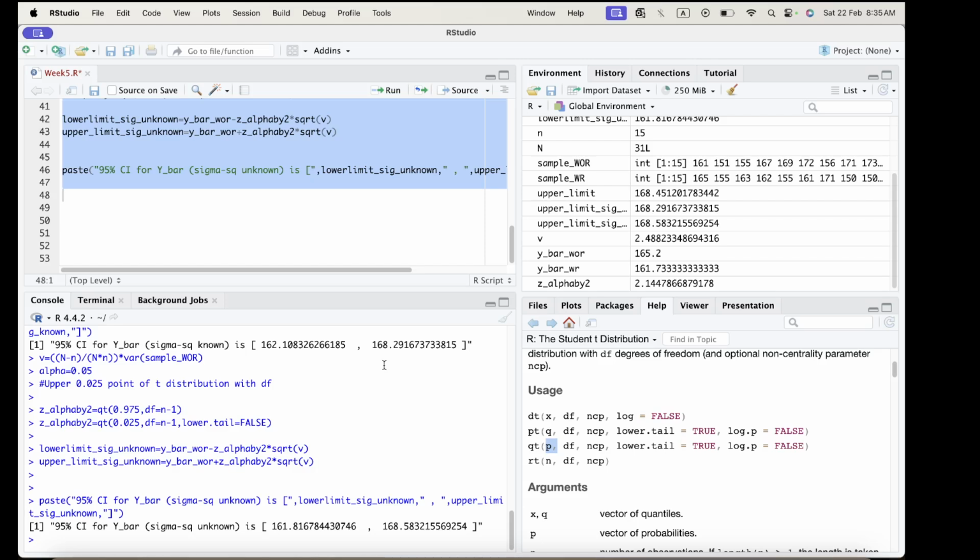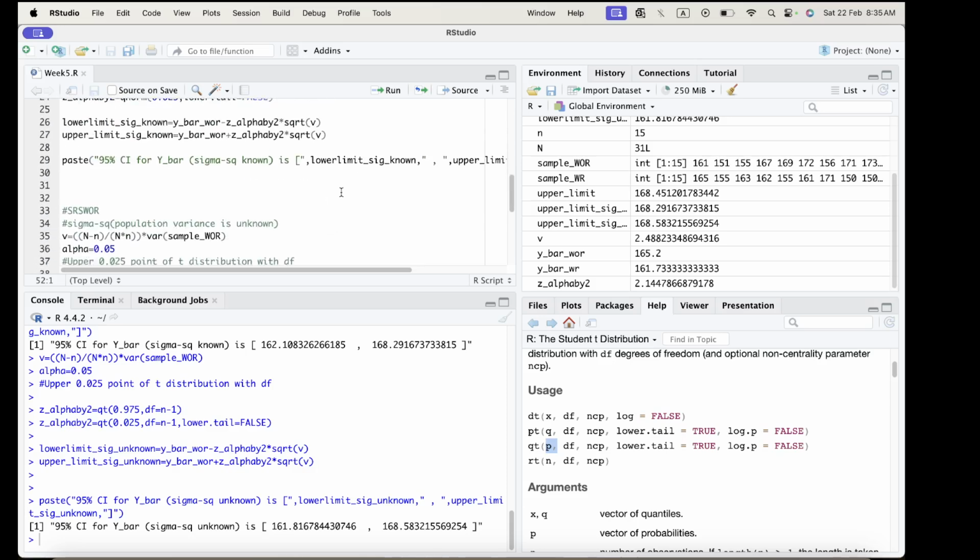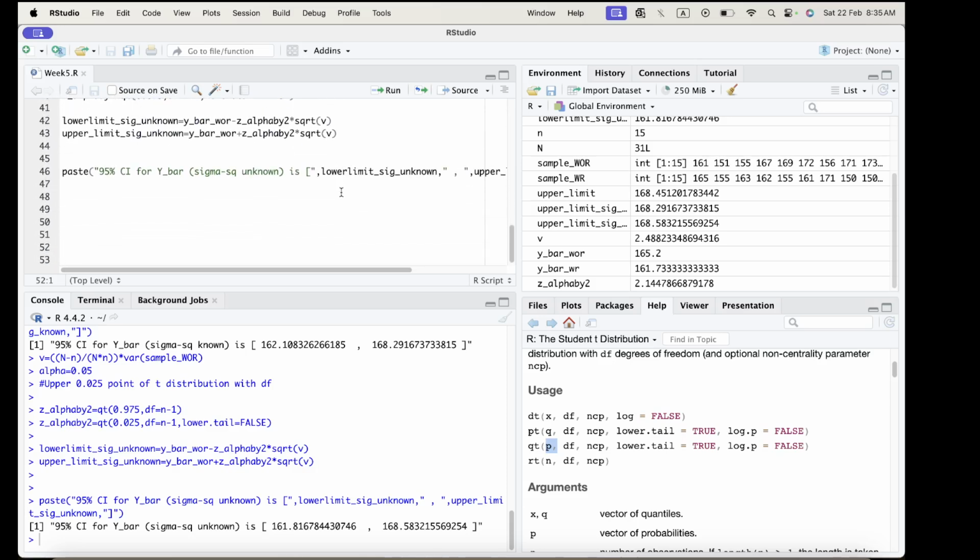But when this is not known, I'm also estimating, I'm adding a layer of estimation, so my interval is becoming a little broader. So this was the 95% confidence interval.